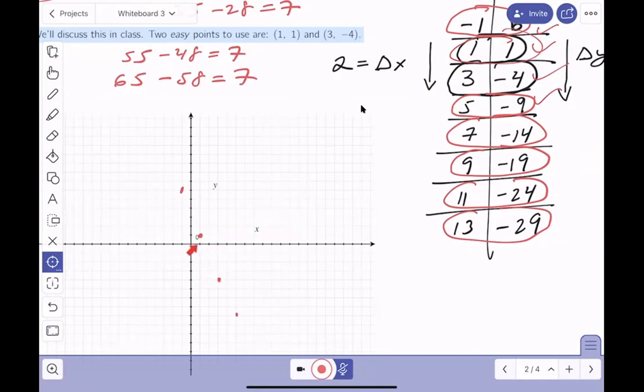Maybe I did it wrong. 1, 2, 3, 4, 5, 1, 2, 3, 4, 5, 6, 7. I missed it. It's over here, isn't it? Get my eraser out and erase that little dot there.